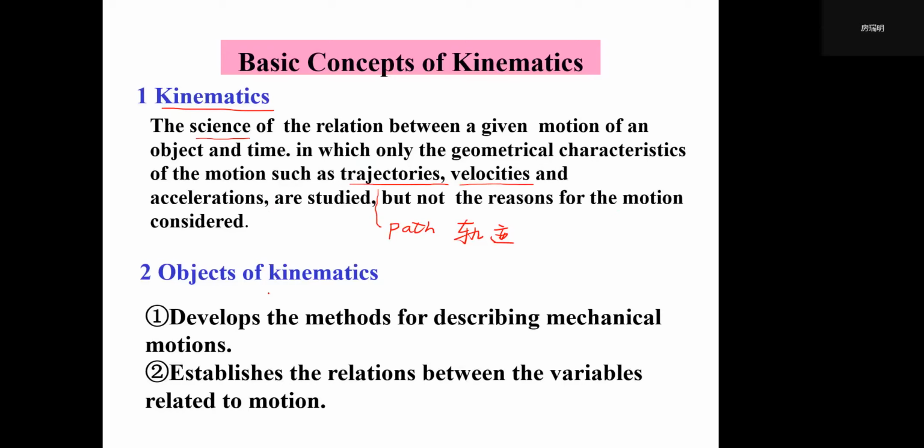And the objects of kinematics, 我们的运动学的研究对象. The first one develops the method for describing mechanical motion. You will find we start from the movement of a point, 点.